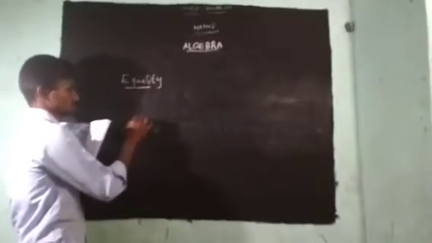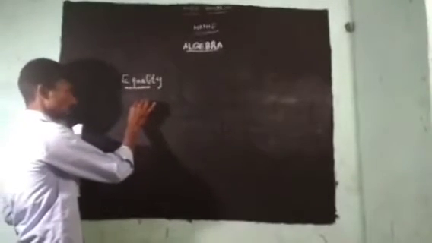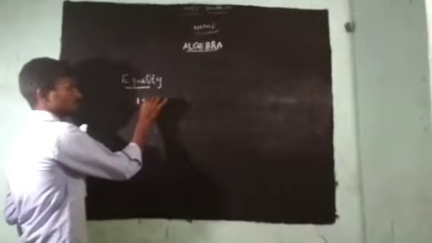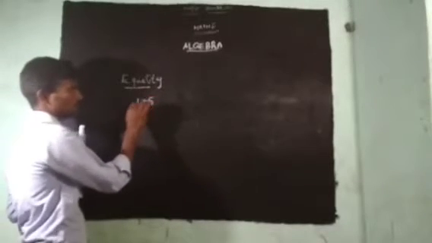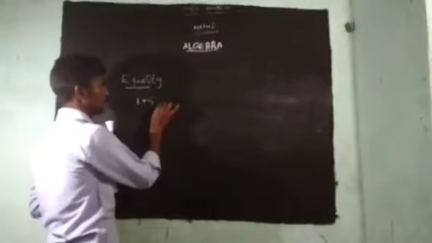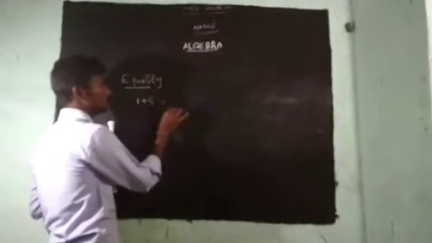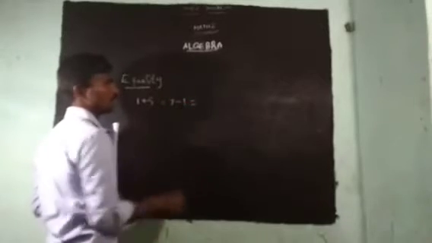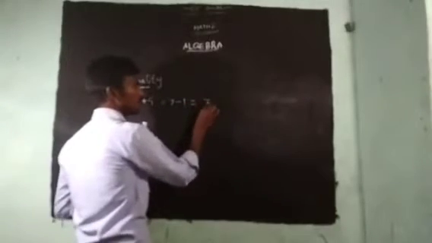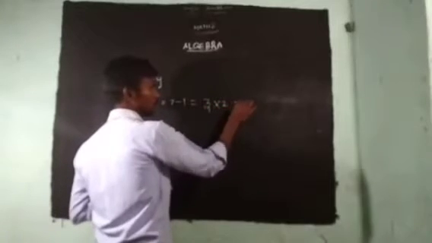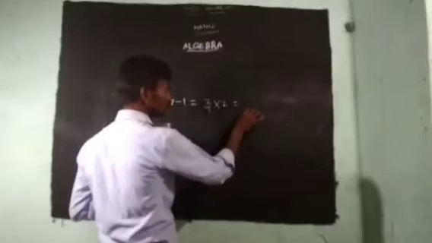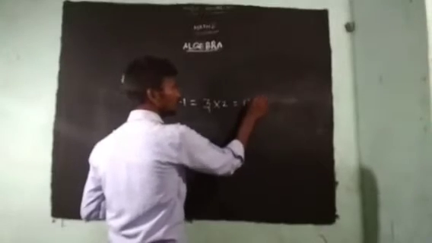First one is 1 plus 5. For example, we are taking 1 plus 5 is equal to 7 minus 1 is equal to 3 into 2 is equal to 12 divided by 2.